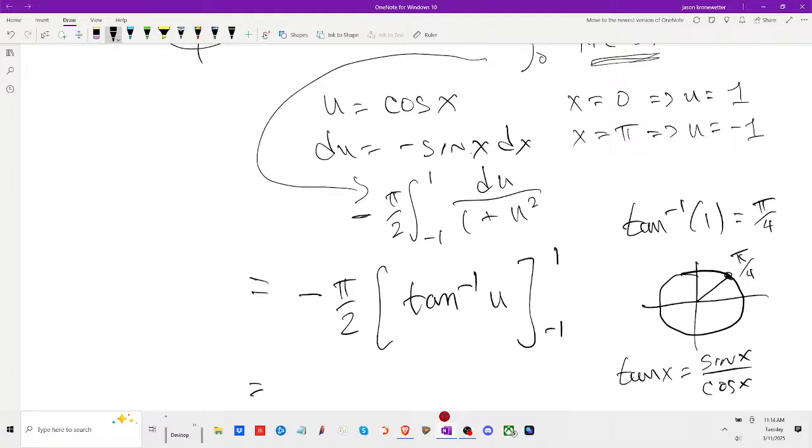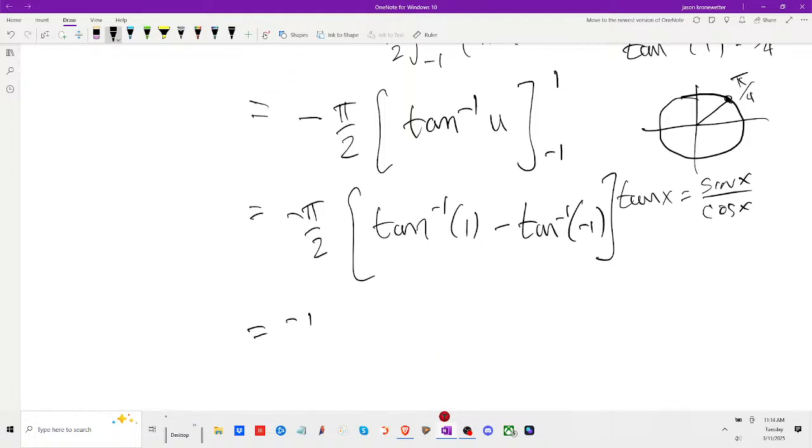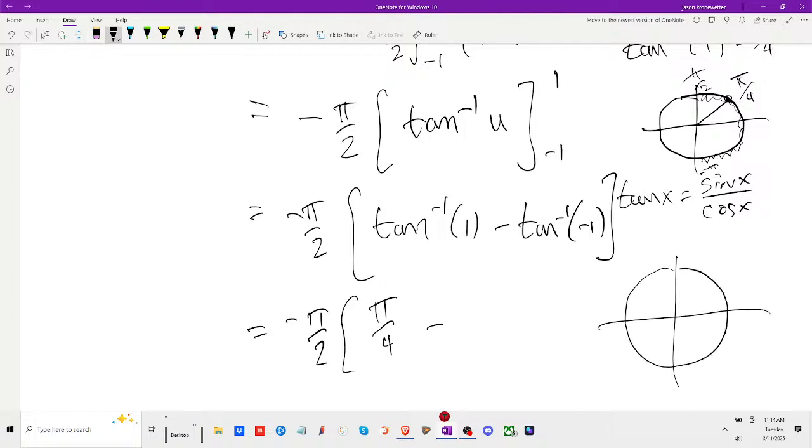Okay, so let's continue this. This is negative pi over 2. When I evaluate, I'm going to do tangent inverse of 1 minus tangent inverse of -1. We just found out that tangent inverse of 1 was pi over 4. And now tangent inverse of -1. Tangent inverse is only defined over this portion from negative pi over 2 to pi over 2. So when asking what is the angle where tangent is -1, we need to use negative pi over 4.